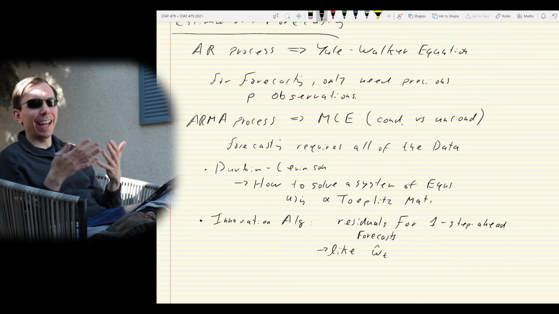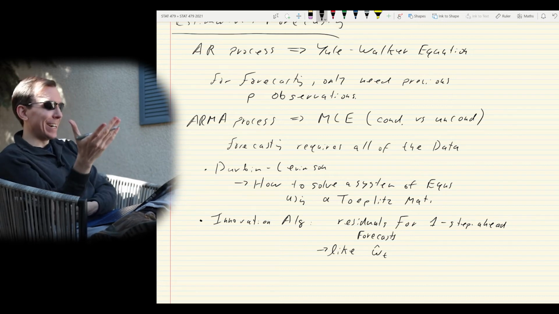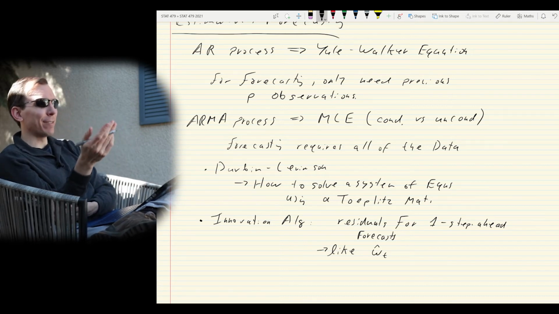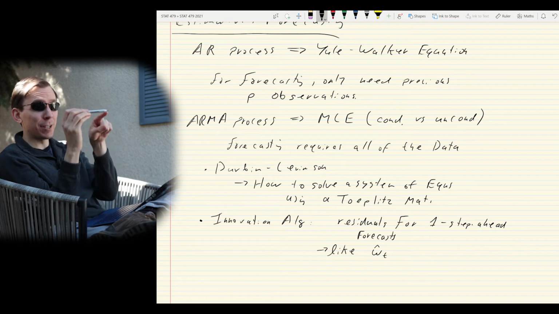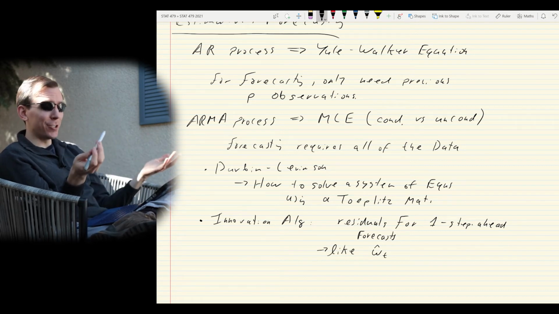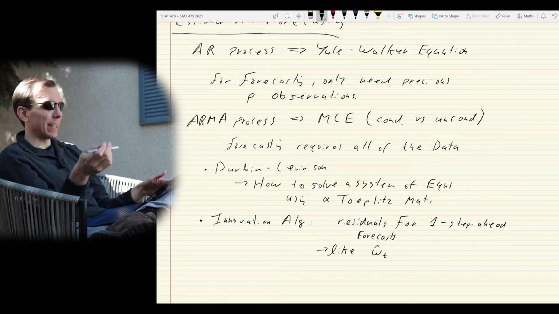It's the best hand-wavy way to explain it: if we're looking at the difference between what we believe the t-th observation is and what we saw the t-th observation to be, what's left over is a residual. It's a lot like the white noise process.